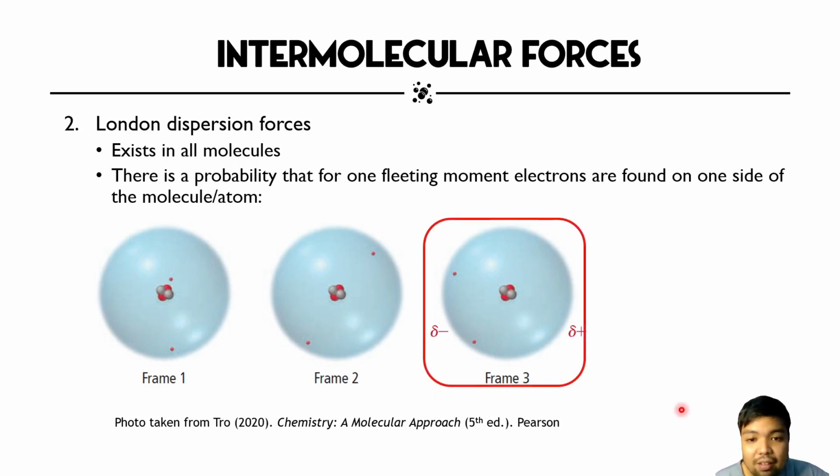In this case, since both electrons of the helium atom are on one side, this side will become partially negative, while on the side where there are no electrons, it will become partially positive. So at this fleeting moment, there is a temporary dipole.